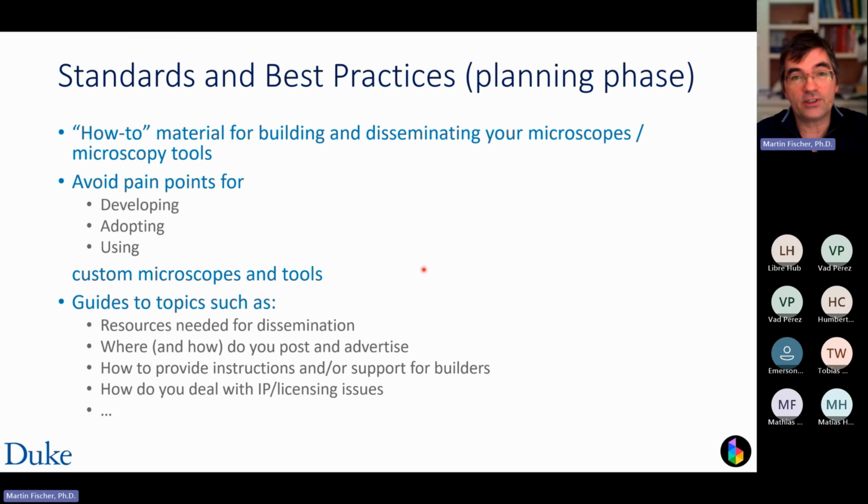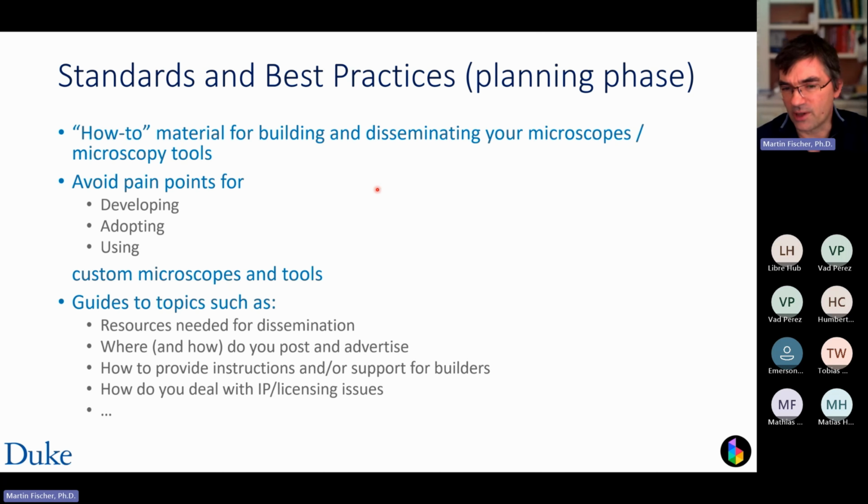Okay, this is just a little, well, more like a request for help, but this is the planning phase. We'd like to establish a document or some kind of guideline. What do you do if you have developed a microscope or you are developing a tool for microscopy, and how do you actually get this out to the community? There are lots of pain points for developers. How to assemble this, what kind of resources do you need?